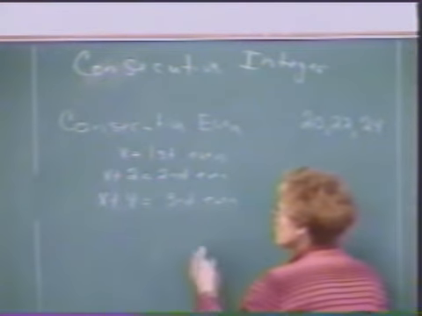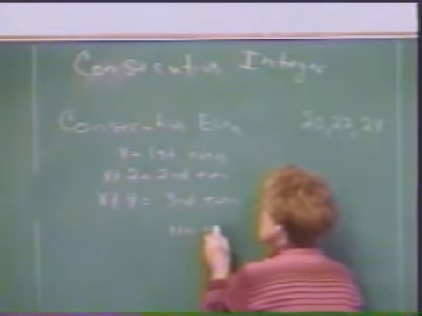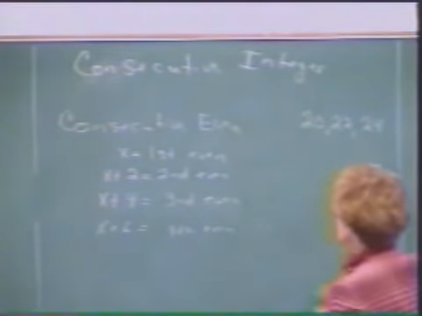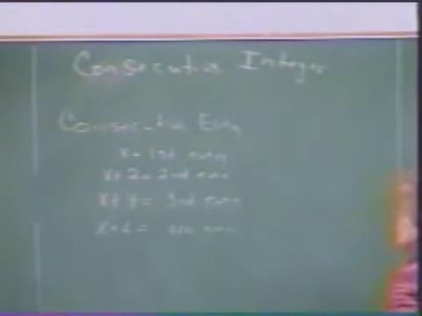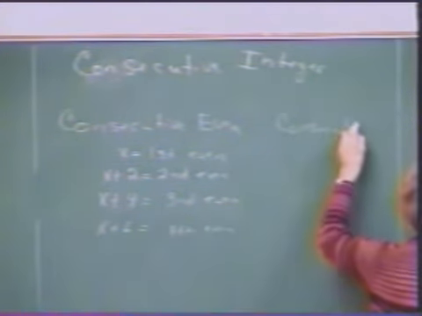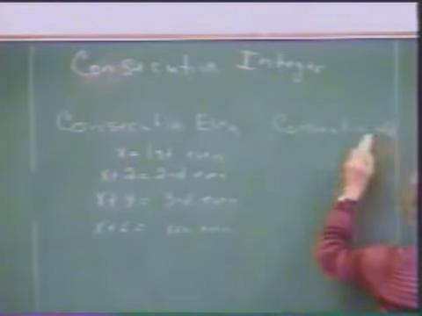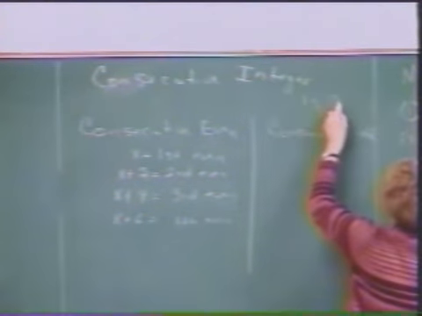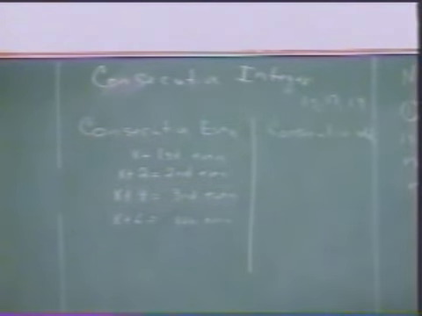If you had 4 of them, what would the next one be? X plus 6. Okay, so it depends upon what your problem says. If you had consecutive odd, for example, 15, 17, and 19 are consecutive odd.